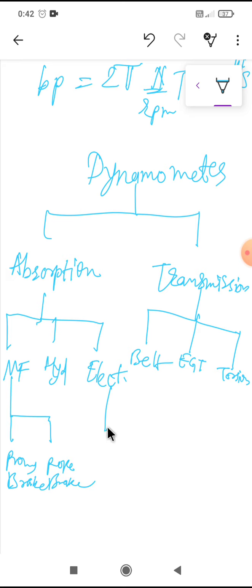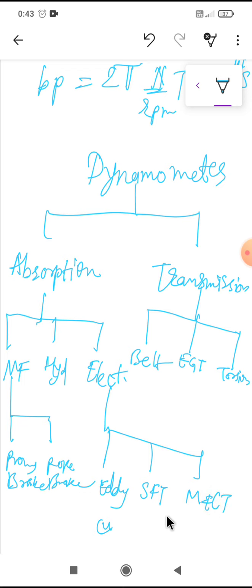And in electrical there are three types. First is eddy current, swinging field type, and motoring eddy current type. So these are the various dynamometers which are used for different applications.